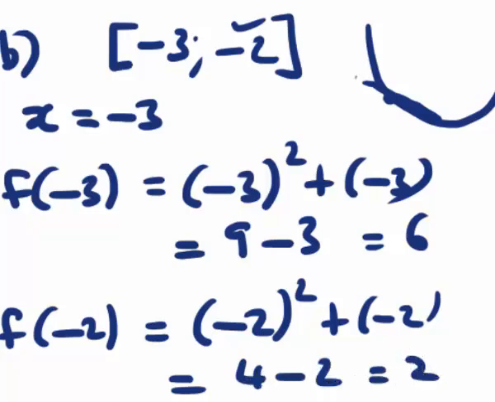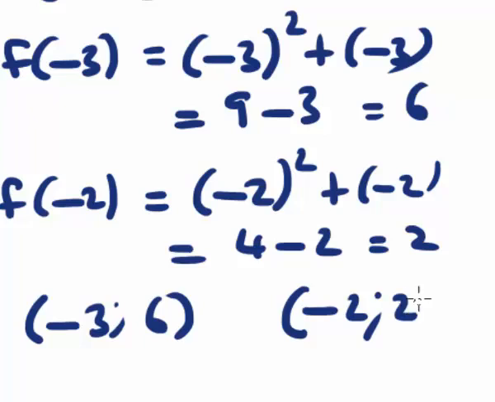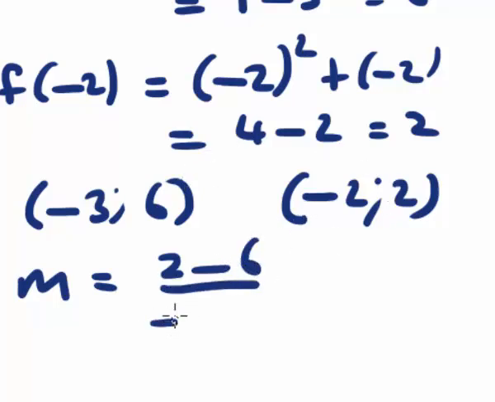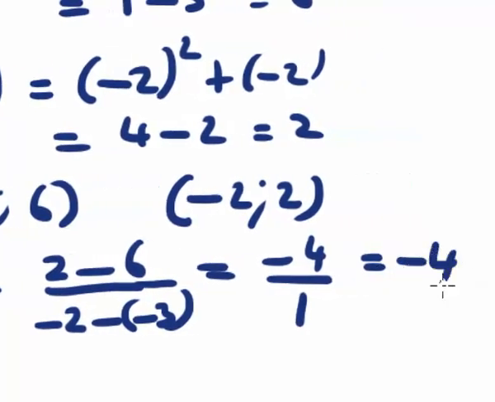So now we've got the 2 points: (-3, 6) and (-2, 2). The gradient of this line would be 2 minus 6 over -2 minus -3. So that's -4 divided by -2 plus 3, which is 1, so the answer is -4.